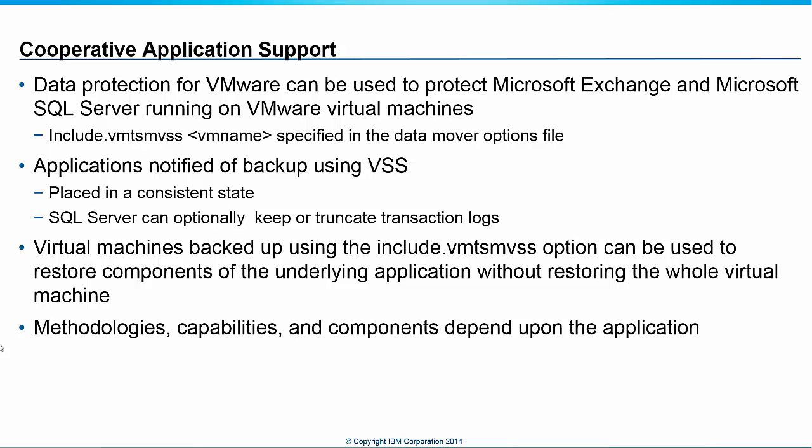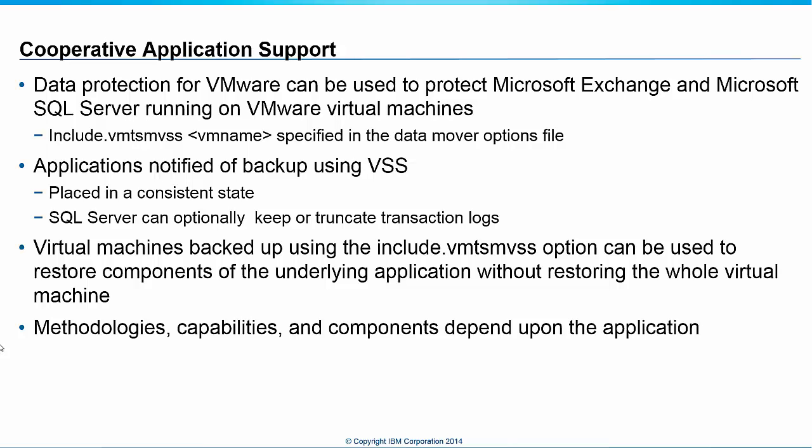So let's get started with an overview of what's called Cooperative Application Support. What this means is when you're using data protection for VMware, you can protect certain applications, specifically Microsoft Exchange and Microsoft SQL Server, on the VMware virtual machines that you're backing up.